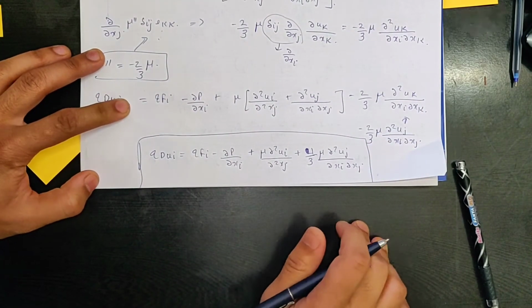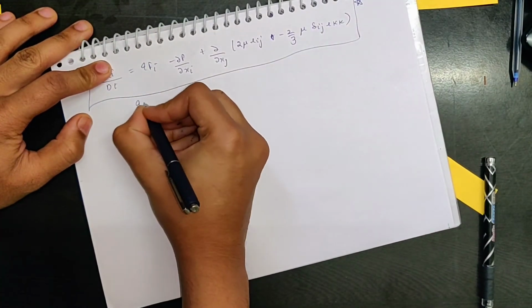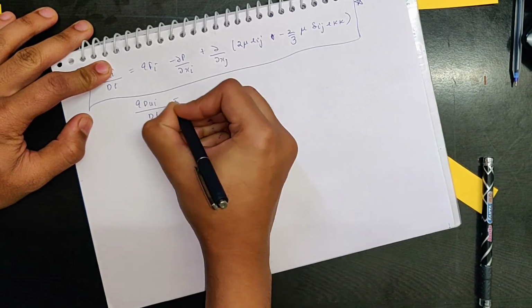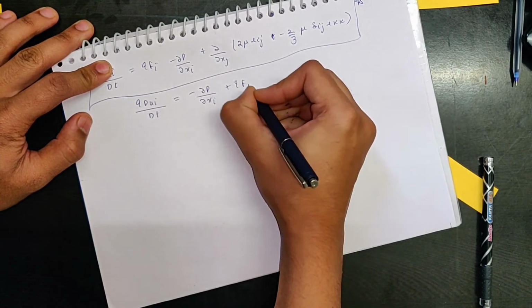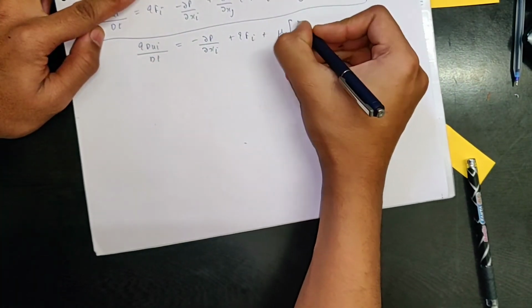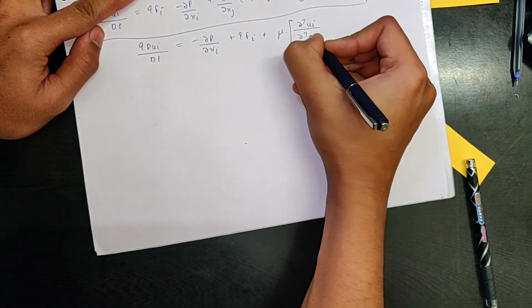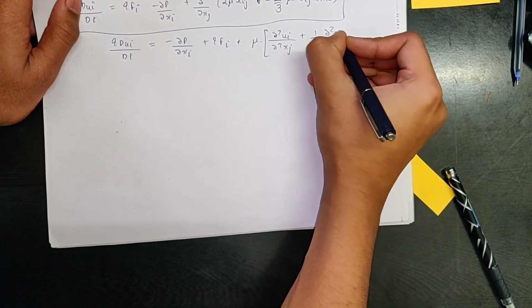But if mu is constant, we can arrive at a much more beautiful equation in this form. rho Du by Dt equals minus del p by del xi plus rho fi plus mu times del 2 ui by del 2 xj plus 1 by 3 del 2 uj by del xi del xj.